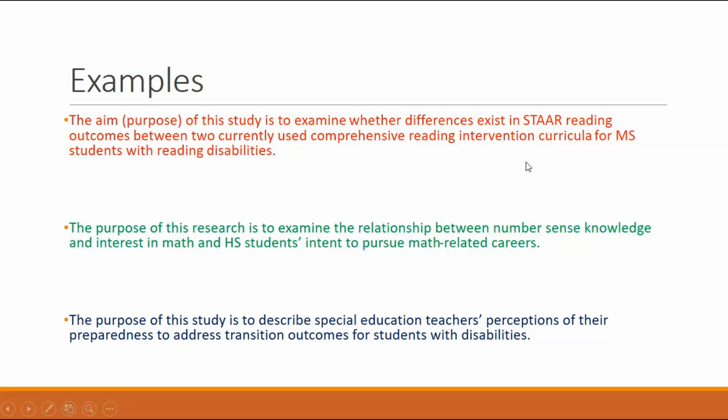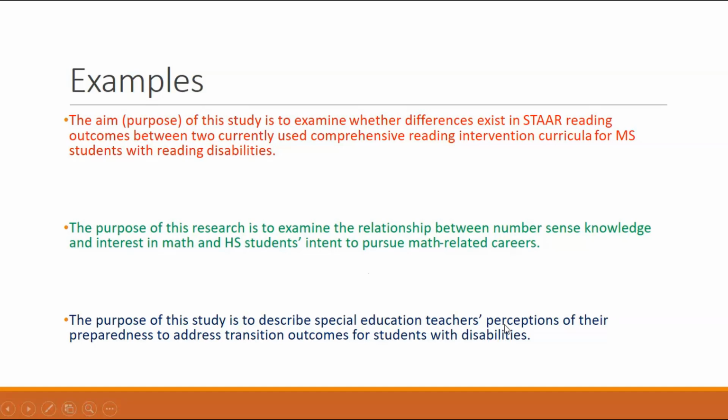You also notice in each one of them, the who is described. In this one, middle school students with reading disabilities. In this one, high school students. In this one, special education teachers. And then in terms of variables, in this one, you can see the variables are both interventions and STAR reading scores. In this one, we have variables of number sense knowledge and interest in math.